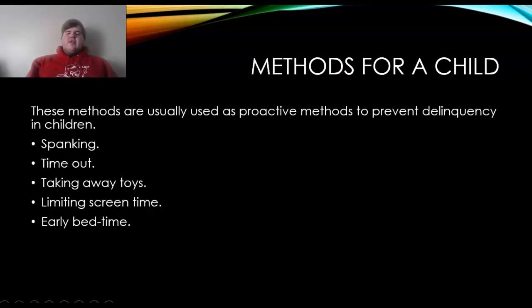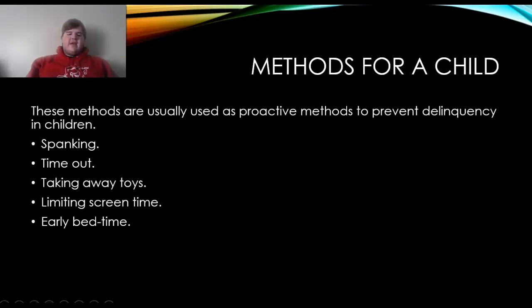So, methods to prevent incorrigibility. These are usually proactive methods when you're referring to children, especially young children, because hopefully a child isn't very incorrigible. They're usually just not listening to you, which is a sign of incorrigibility, but hopefully when they're a child, you can use some of these methods to prevent that later when they're more of a teenager.